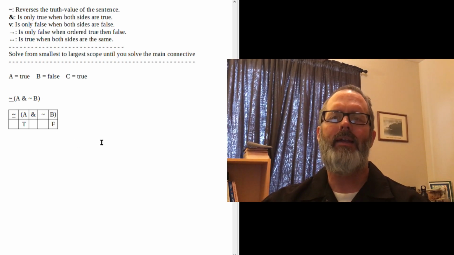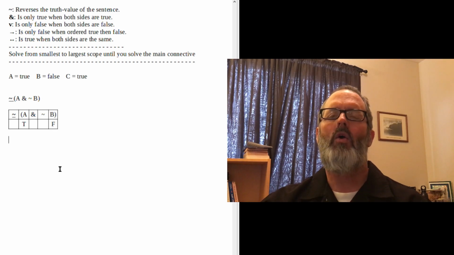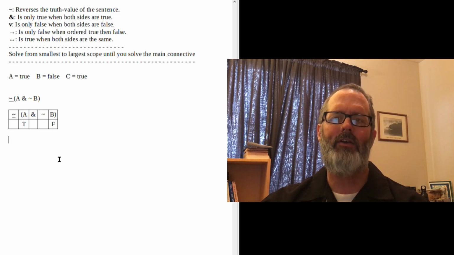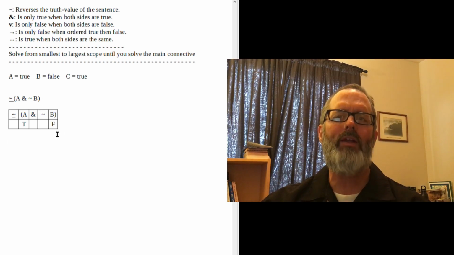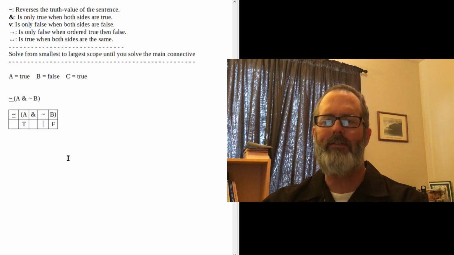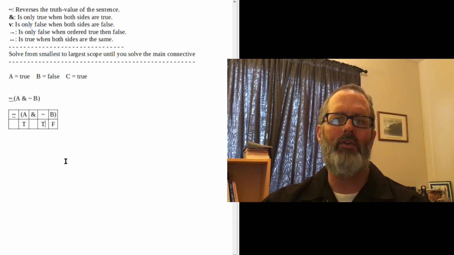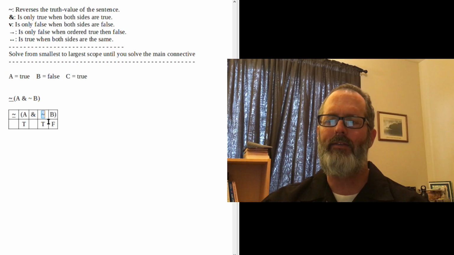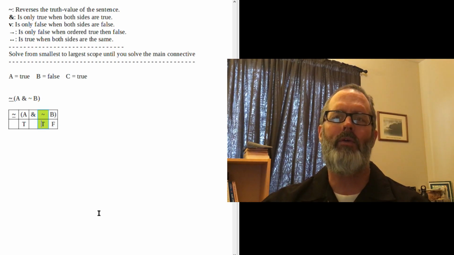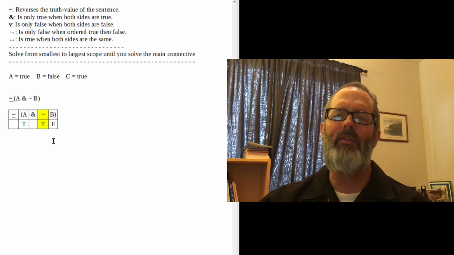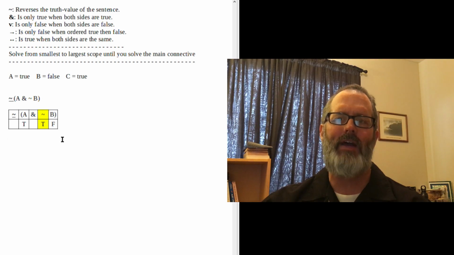Good. Now I need to look carefully. What is the next largest scope as I'm working my way up? Look at the sentence here. B has a small scope, and this negation only applies to B, so I solve it next. If B is false, not B is true. I will do my little trick. I will highlight this column so you can see it. This is now the value that has replaced this value.